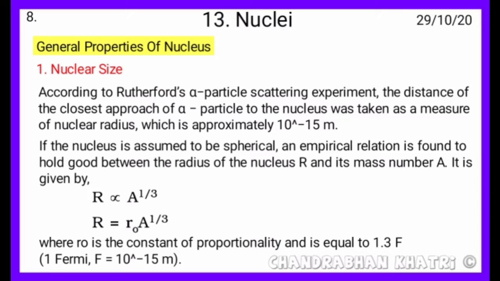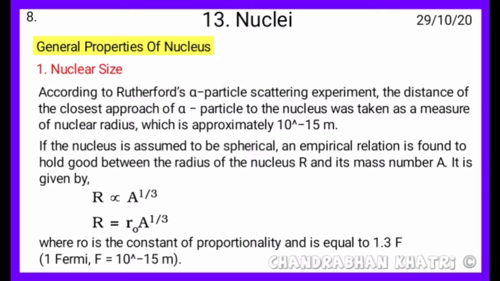If the nucleus is assumed to be spherical, an empirical relation is found to hold good between the radius of the nucleus capital R and its mass number capital A.